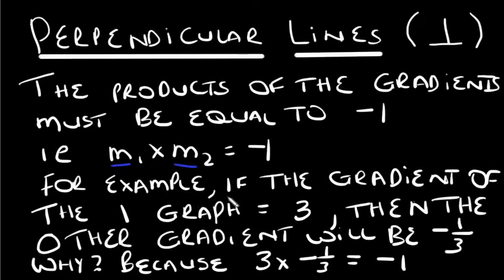So if I am given, for example, y is equal to 3x plus 1, the gradient of that first graph is 3. So the gradient of the other graph has to be negative a third. Where do I get negative a third from? I get it from asking, 3 times what will give me negative 1? So 3 times negative a third will give me negative 1. That's how I know that the two graphs are going to be perpendicular.